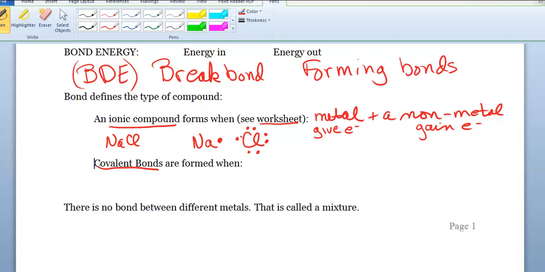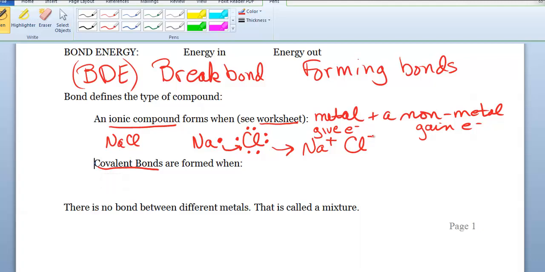Well, when sodium and chlorine come close to each other, sodium, a metal, wants to give away its electron. Chlorine, a nonmetal, wants to gain that electron. The result is that sodium now has one more proton than electron, and chlorine has one more electron than proton.